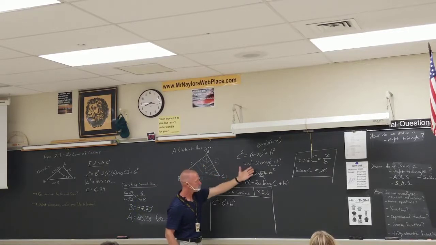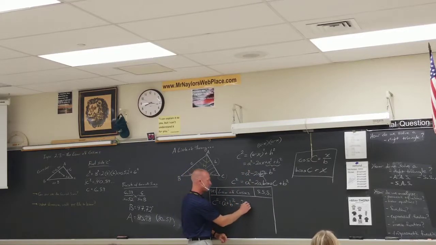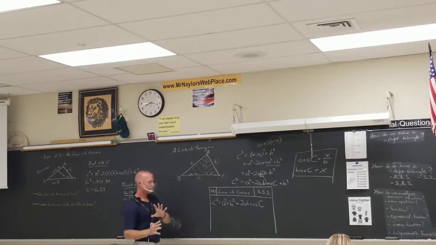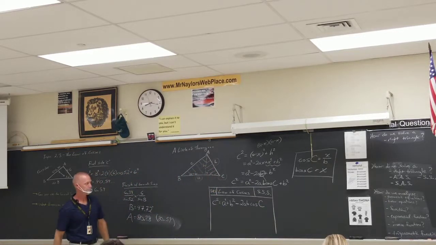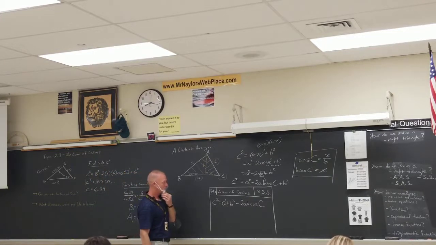It's this minus 2ab cosine c that sort of fixes the Pythagorean theorem. When we subtract 2ab cosine c, it now gives you the true c squared.